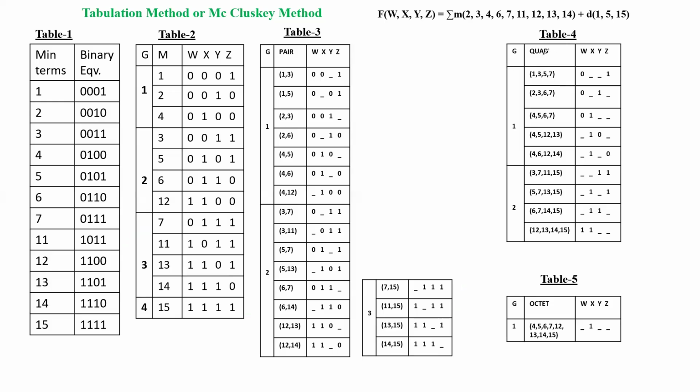Next, when we are going to make table 4, we already have pairs here. When we combine one pair with another pair, that will form a quad, meaning a combination of 4 min terms. In this comparison, if you see, in table 3, where we have pairs, there is an underscore for each pair.